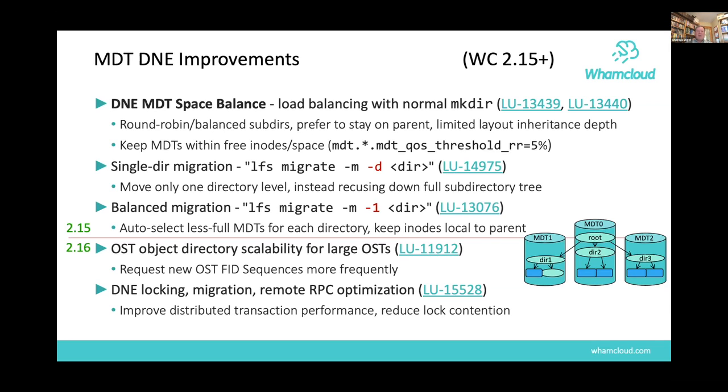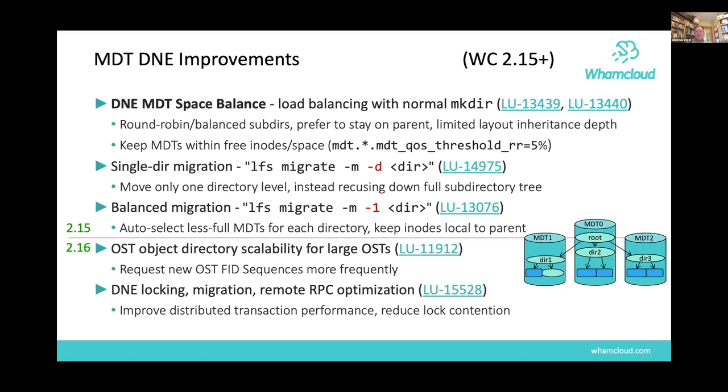In 2.16, I already mentioned the object directory scalability. That's sort of an interchange between the MDT and the OST, so they need some changes on both sides. And there's also work already done, just waiting to land, on optimizing the DNE locking and distributed transactions.